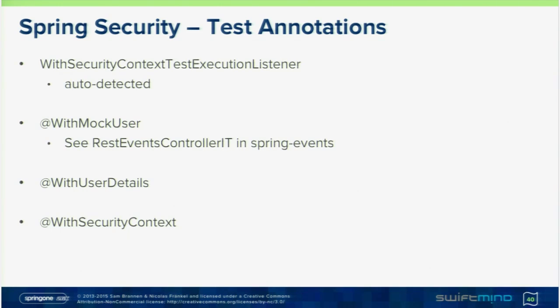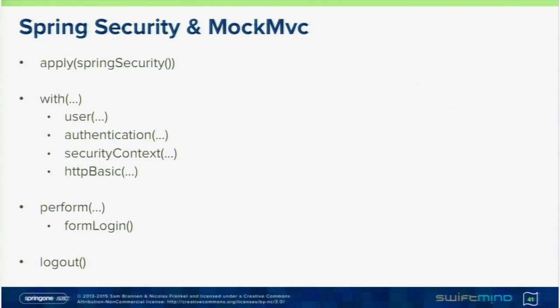With user details, that's if you need more detailed information with the UserDetails type in Spring Security, or if you want to configure the security context from Spring Security on your own, you can also do that with some factories, etc. So I'll let you look all that up in the reference manual for lots of examples, but I will show you in a moment this with @WithMockUser.